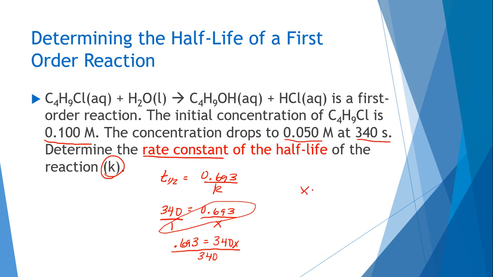And we're going to get x equals 0.002038, etc. And since I am going to round to 2 sig figs, 0.0020. And then we have to come up with a unit. Now, this is a first order reaction, and I'm looking for the rate constant. So you should recognize that your first order reaction rate constants are always the time to the negative first. Here, my time is seconds, so seconds to the negative first.